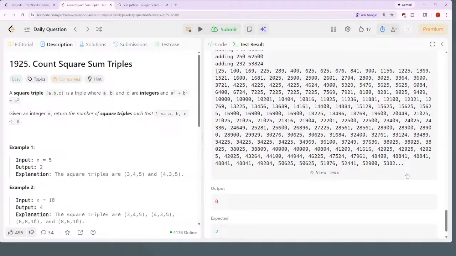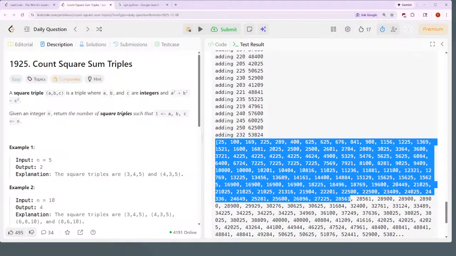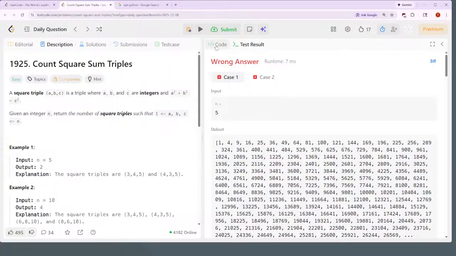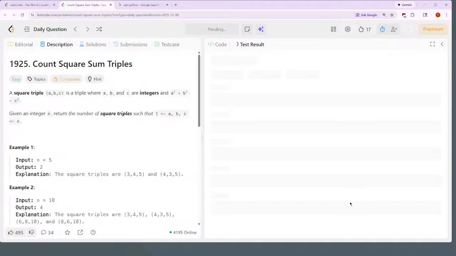It's not going to print out everything. Unfortunate. So I was just going to copy and paste it. Let's actually print out the squared number. I think I just want to print out C. So I think I append the root. And maybe that makes it short enough to be copied and pasted.